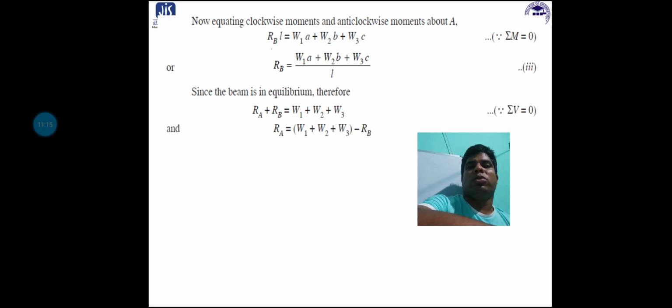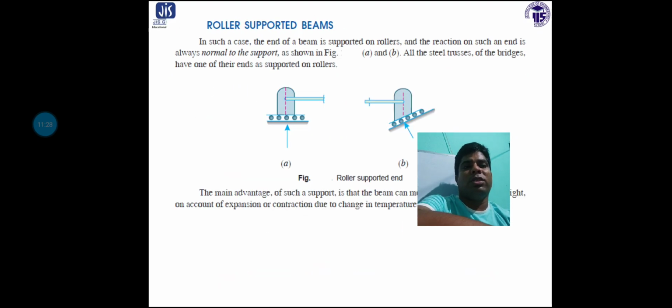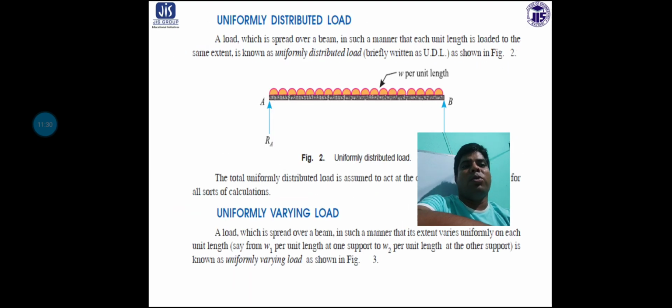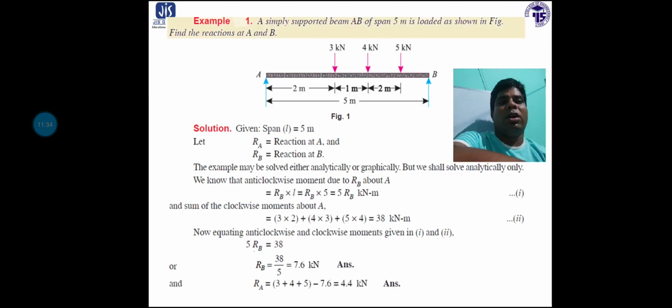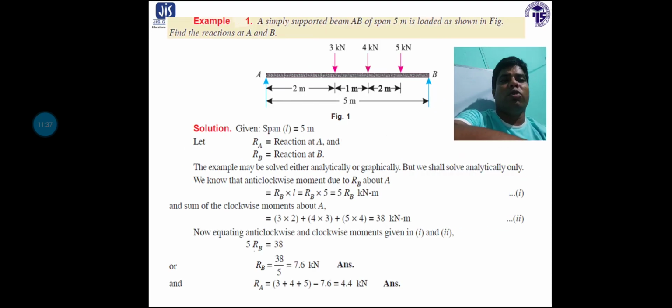As the summation of V is equal to 0, RA is equal to W1 plus W2 plus W3 minus RB.